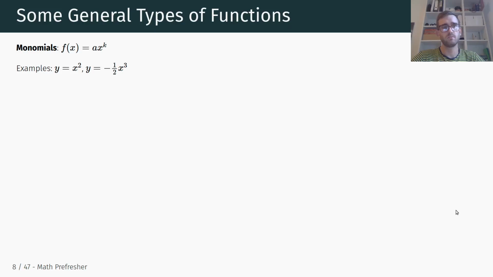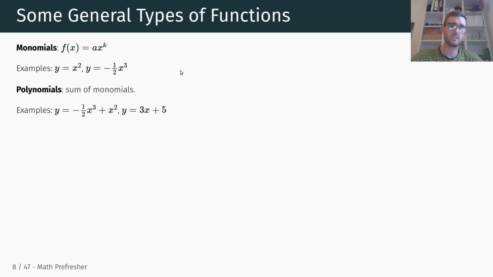Examples would be f of x is equal to x squared, or y is equal to minus 1/2 x to the power of 3. Those are basic monomial functions. More frequent in terms of what you'll see are polynomials, and in general polynomials can be described as sums of monomials.